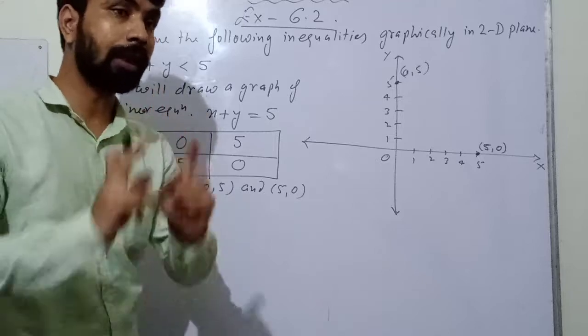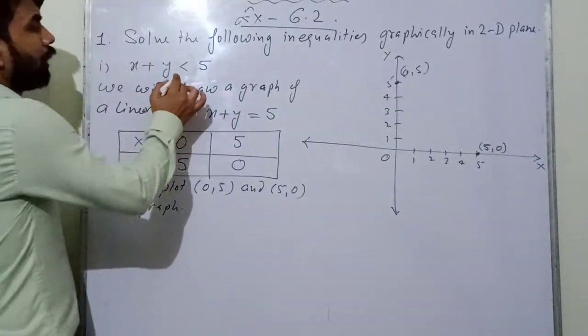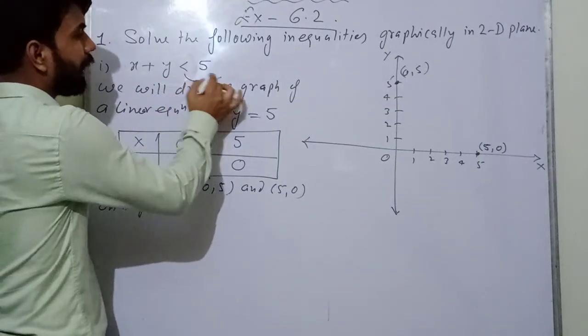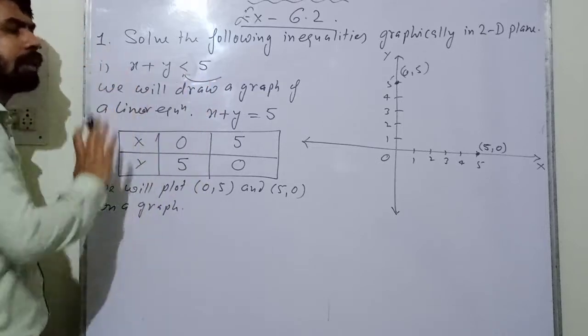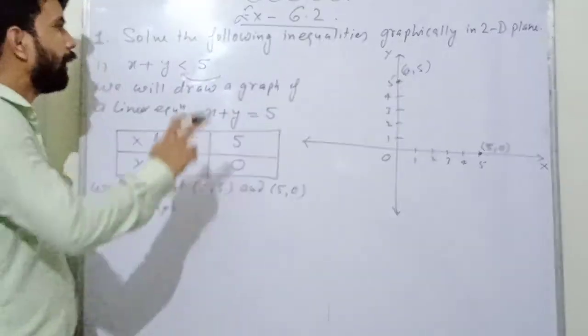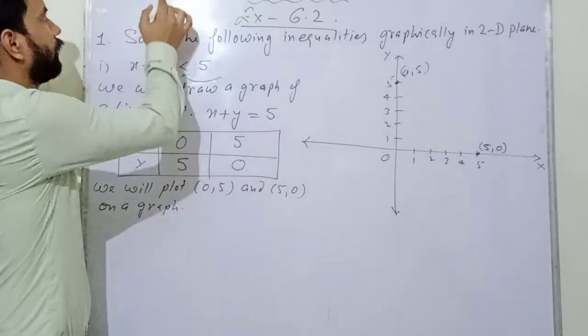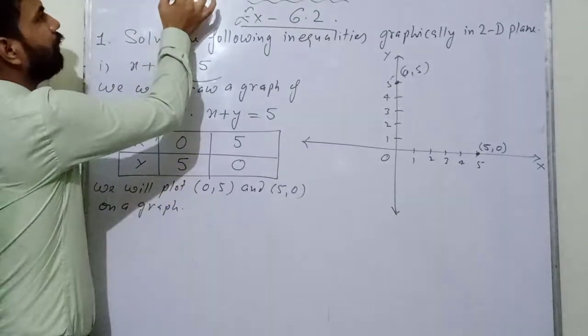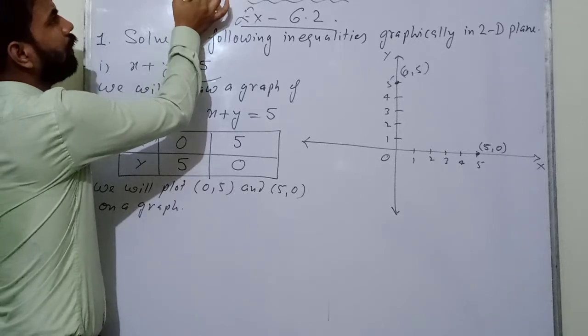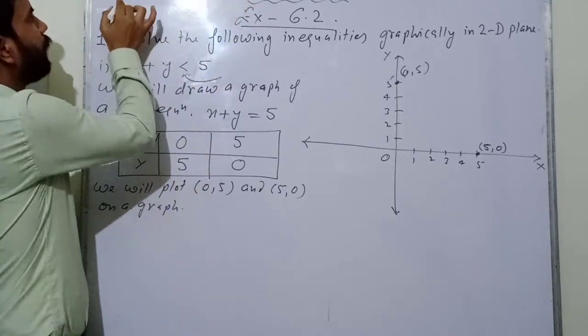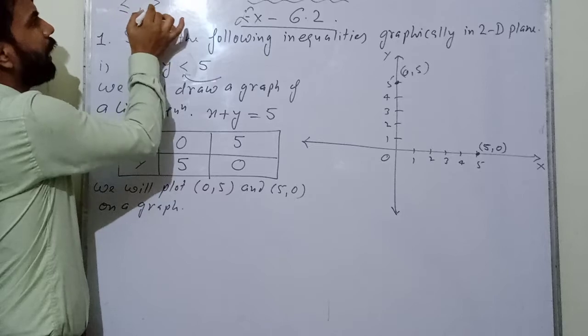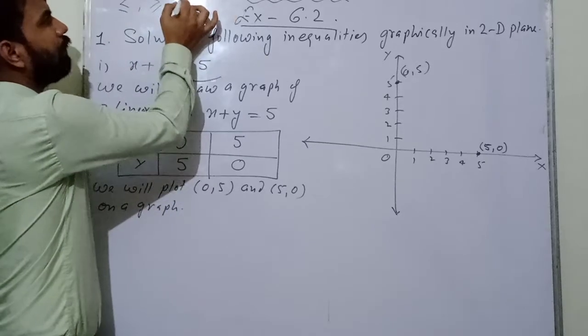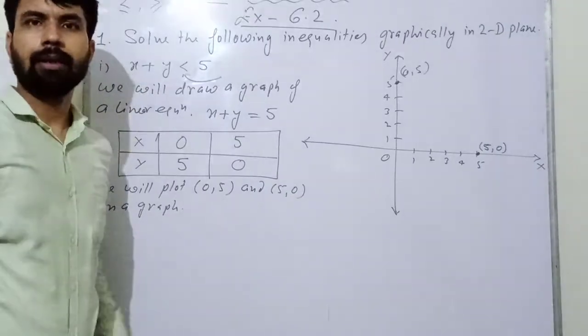Now pay more attention here. Now we will check this sign. This is smaller than. If there is no equal sign, if there is smaller than or greater than sign, then we will draw the dotted line. Or if there is smaller than equals to and greater than equals to sign, then we will draw a regular line.